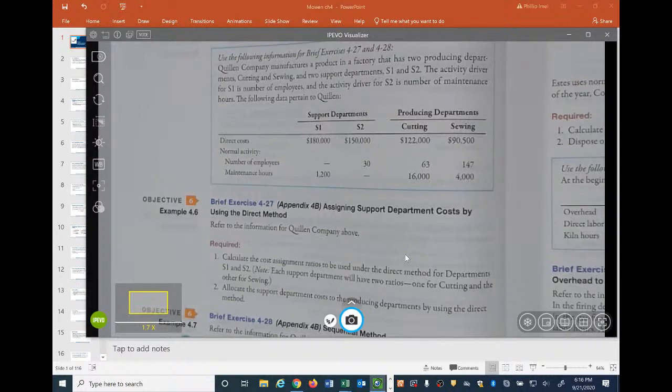How would we go about finding sewing? What would that ratio be? 0.7, right. And how do we find that one? 147 divided by 147 plus 63, right? So the denominator's unchanged, it's just the numerator that's changed now. Everyone see that?